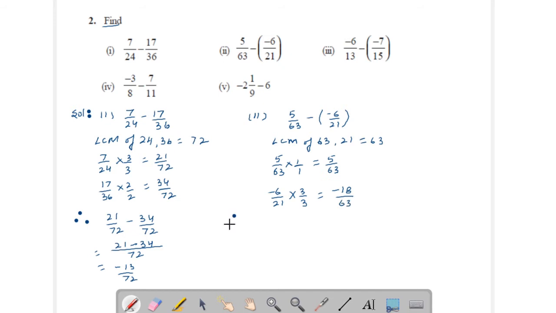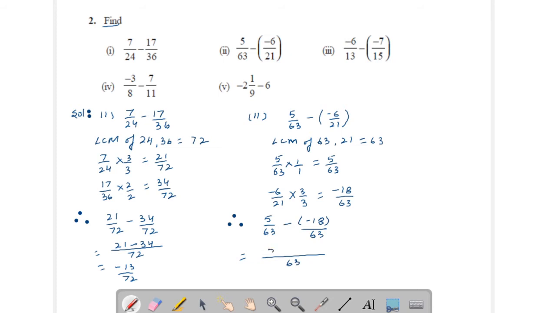Therefore, here denominators are same. Now you can subtract it. So 5 upon 63 minus minus 18 upon 63. Here denominators are same, write once, and subtract numerator.